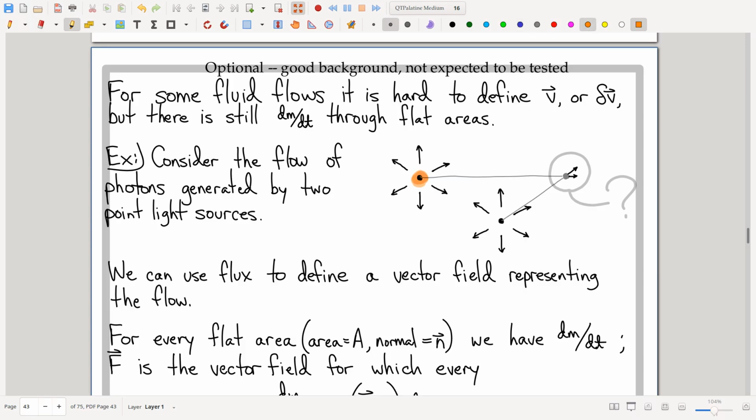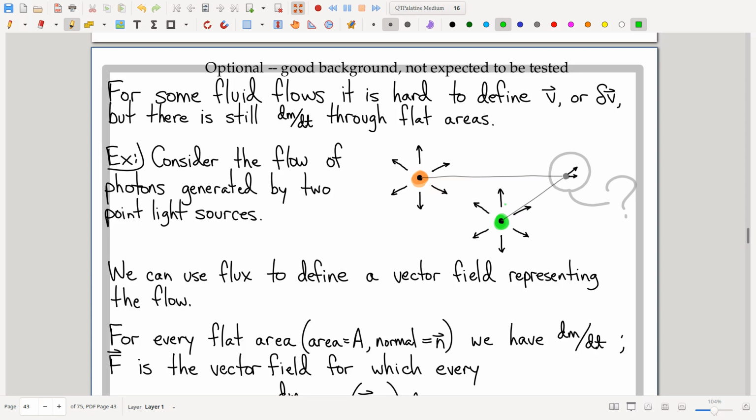That feels like a light bulb. Yellow just doesn't show up very well. Okay, I'll use green. I guess that's good enough. So suppose you have two light bulbs. Well, light bulbs emit photons. They kind of behave like a fluid. Kind of, sort of. Right? They're little things kind of all flowing around.